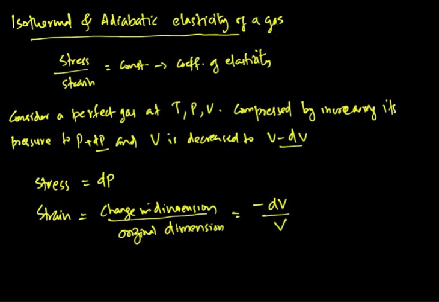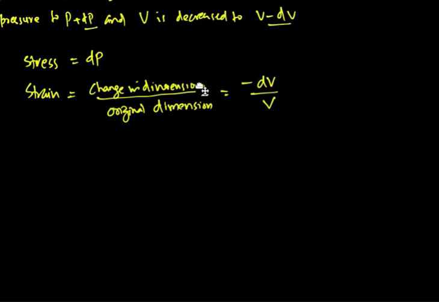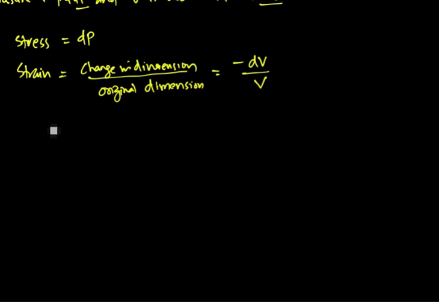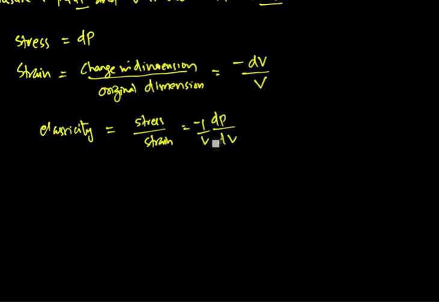So the coefficient of elasticity of the gas is given by stress by strain, which is always equal to dP by dV with a minus sign into 1 by V. So minus 1 by V into dP by dV is the elasticity.